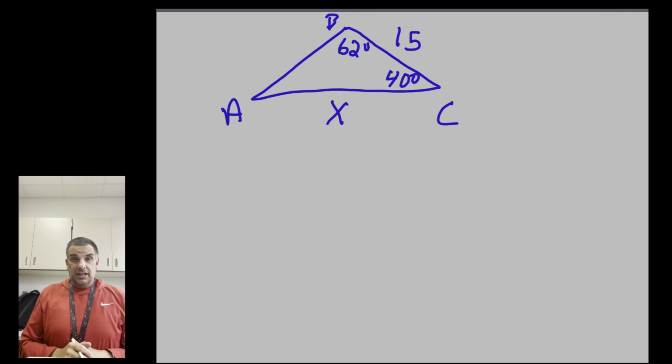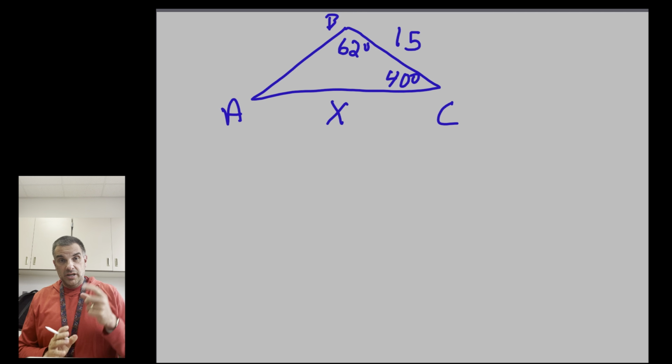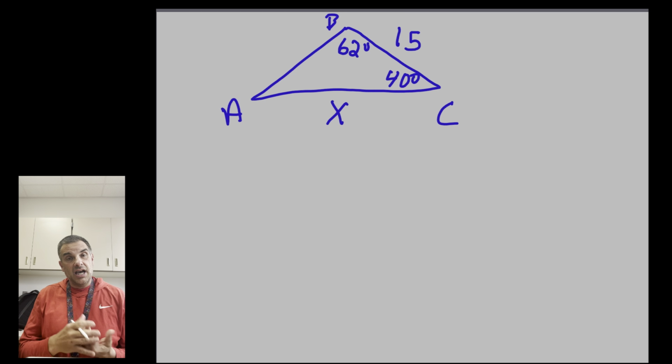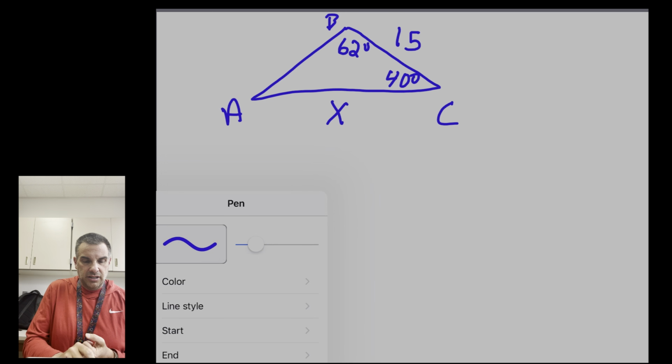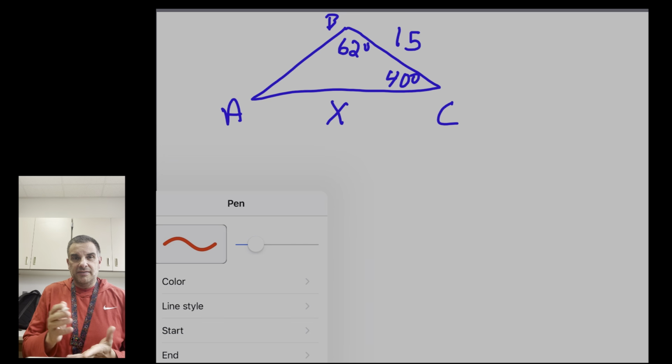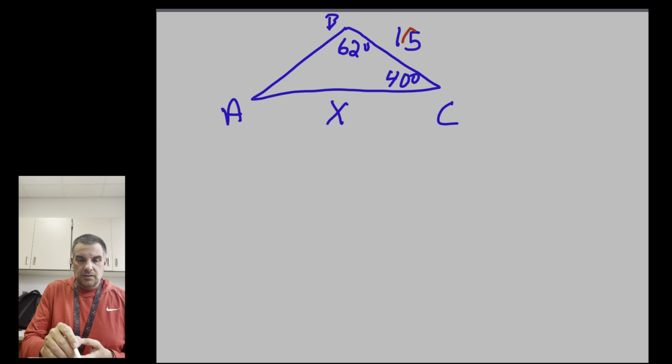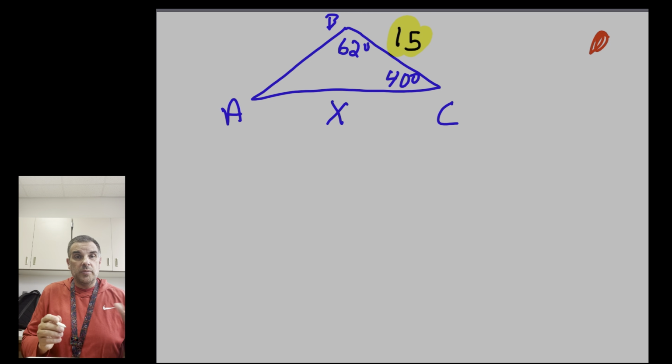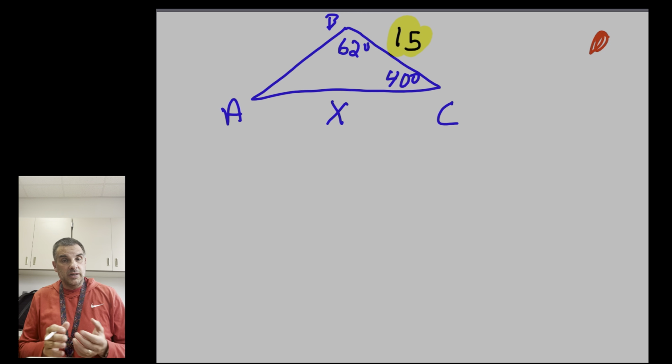Anytime you're looking at these questions, the first thing you have to know is the measure of an angle and the length of its opposite side. If you look at this one initially, the only side we know is 15. We don't know the measure of its angle, but we can find it.